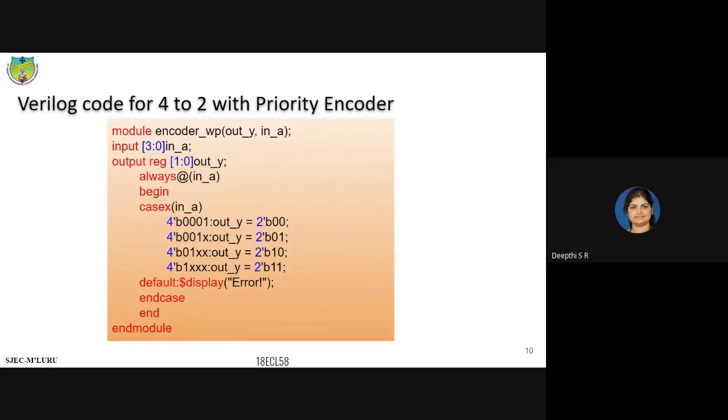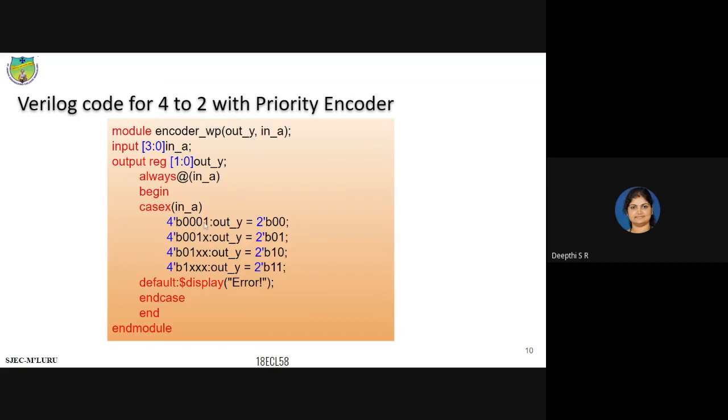Since you have the unknown state here, you are using casex. If you use casex, it considers the x as unknown: if the input is in the high impedance state or in the unknown state, the output will be in the unknown state. So to monitor that x value, unknown value, we are using casex. Then you have the variable name, that is the input variable name, in underscore a. Then give the input combination.